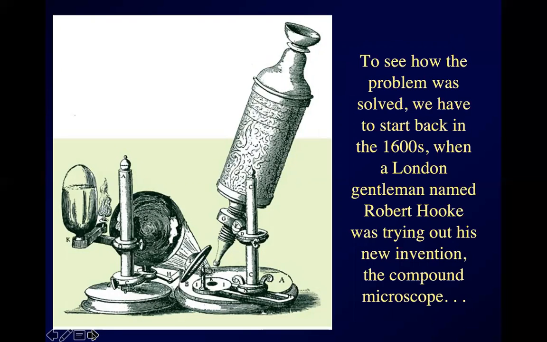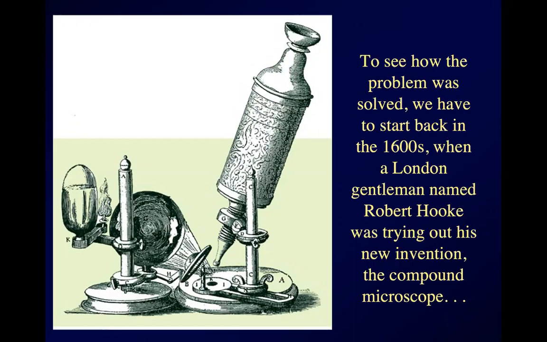to the 1600s and a London gentleman by the name of Robert Hooke. Hooke was trying out a new invention of his. He invented the compound microscope. This is not nearly as advanced or as high quality as the ones that you used in Lab 2, but the principle is basically the same.